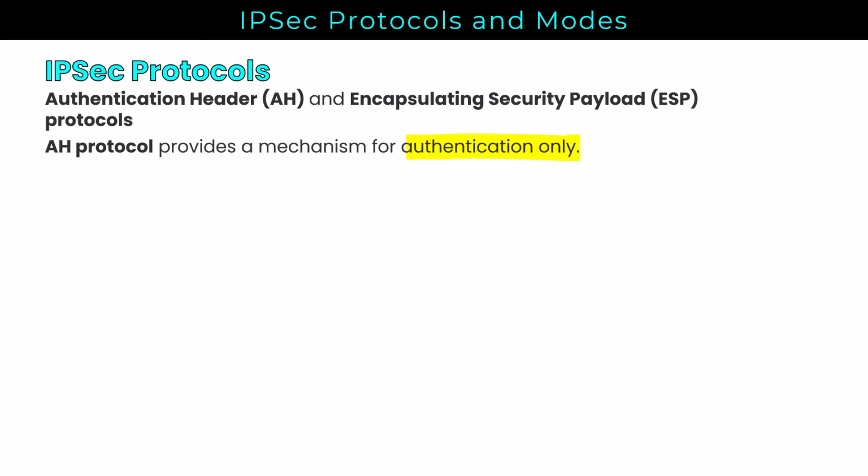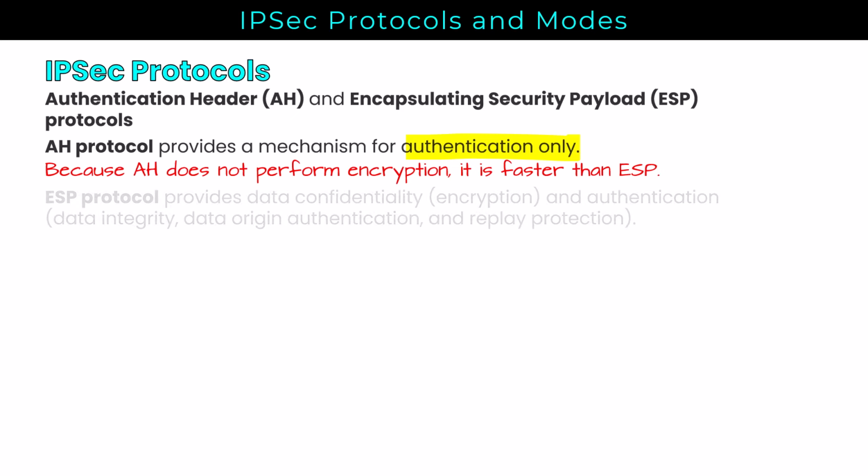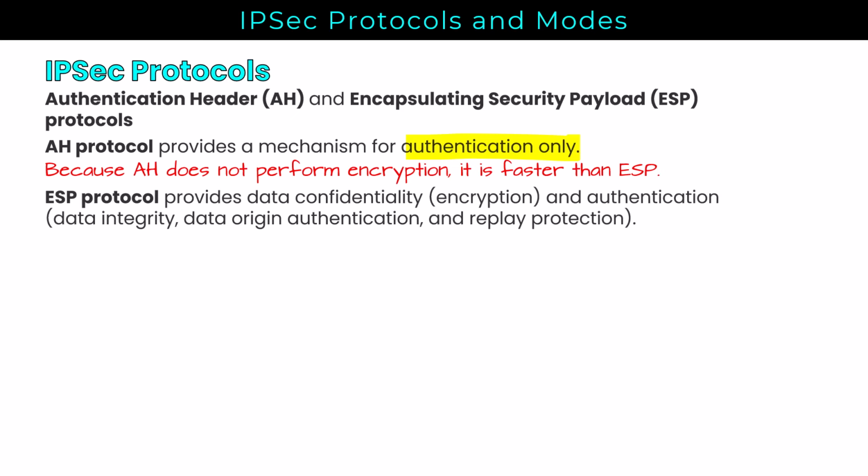And because the AH option does not perform encryption, it is faster than encapsulating security payload. The ESP option provides data confidentiality through encryption and authentication, data integrity, data origin authentication, and replay protection.